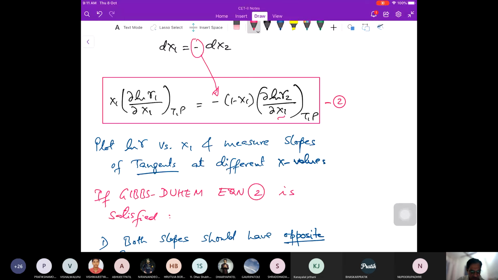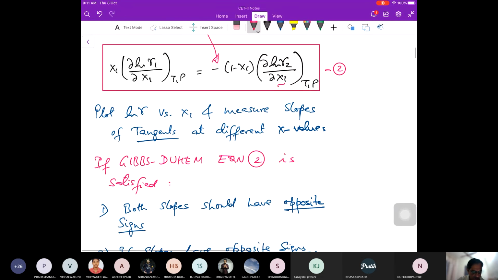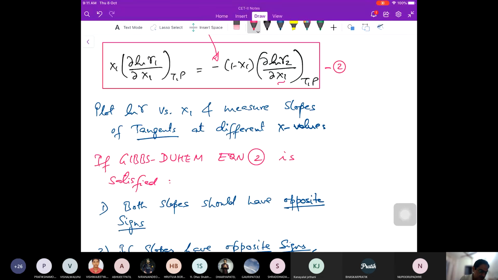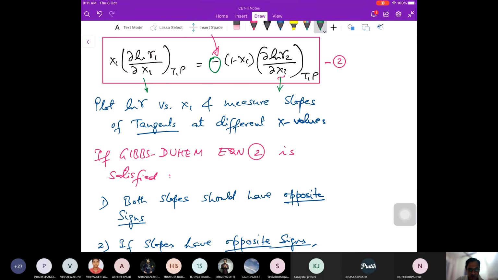Then if Gibbs-Duhem equation 2 is satisfied, both slopes, this slope and this slope, should have opposite signs because there's a minus sign here, right? If the left hand side equals the right hand side, then the slopes should be of opposite signs.